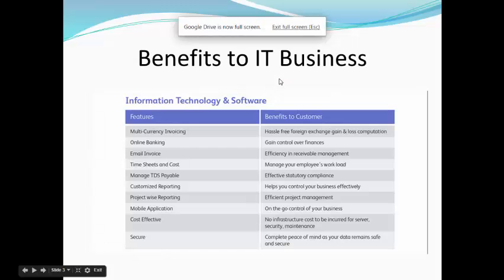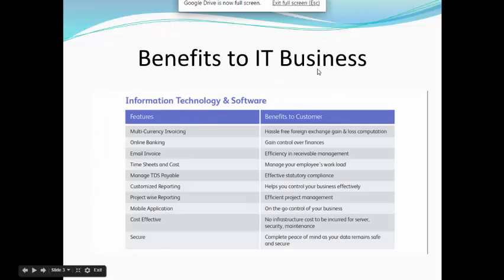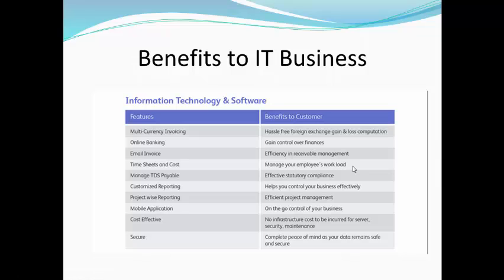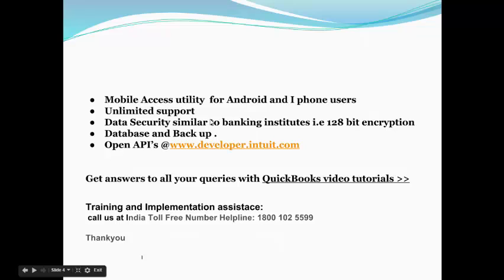So the benefits to the IT business are multi-currency invoicing, online banking, you can email the invoices for efficiency of receipt management, time tracking, as I have already discussed, managing the tedious payable reports, customizing reports, mobile apps, and of course the mobile access utility for Android and iPhone users, and the unlimited support.